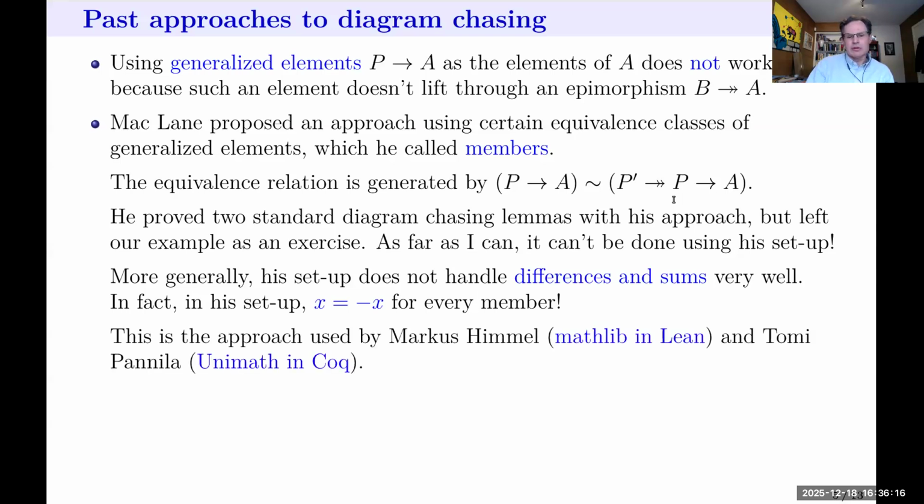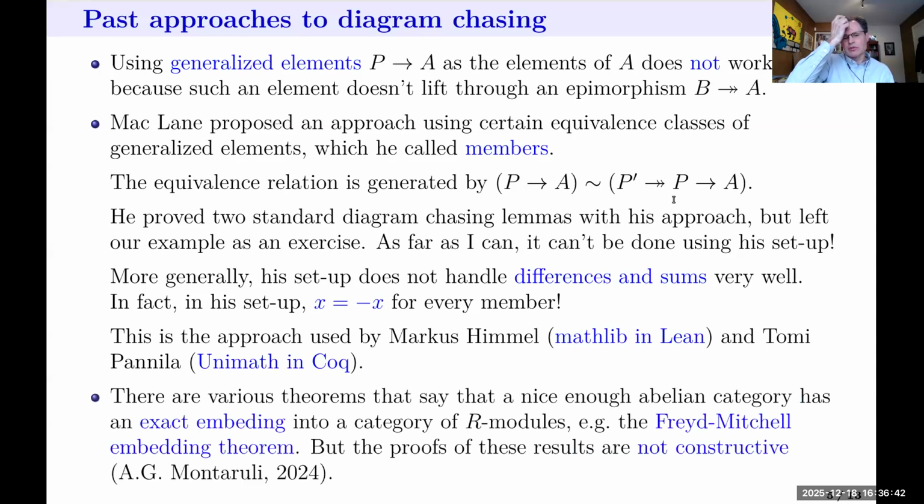Nevertheless, this has been used. So I'll give citations at the end, but it was introduced into Lean in MathLib by Marcus Himmel and in Coq and UniMath by Tomi Pannila. And you can prove some of the results with it. It's a nice setup, but I would really like to be able to add and subtract elements so that first proof could go through just like I gave it.